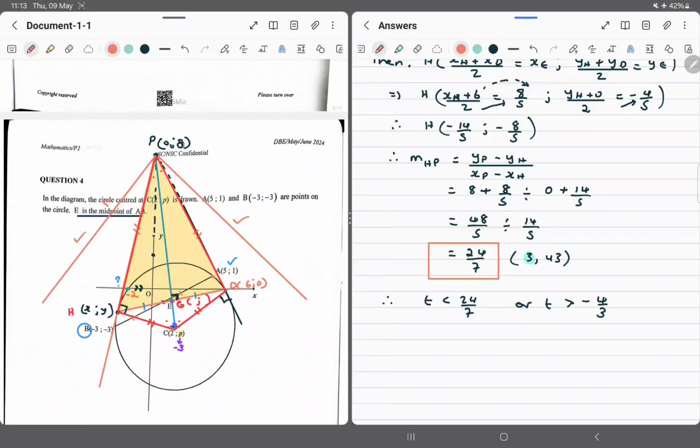And it was quite a walk to freedom. Now remember, guys, there's a notation here that you can actually put these answers in. You can say T must be less than 24 over 7 in ascending order, but must be greater than minus 4 over 3. That's the final answer.